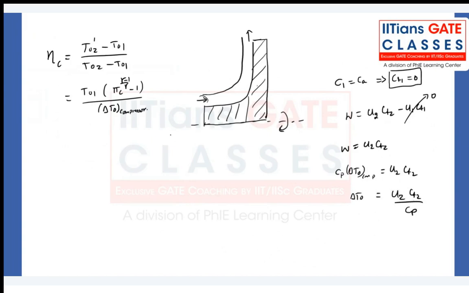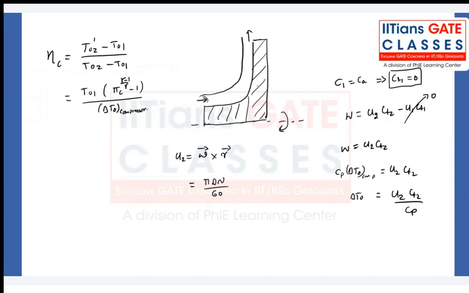To calculate U2, it is nothing but angular speed times the radial position vector. So that can be written as pi d n divided by 60, right?